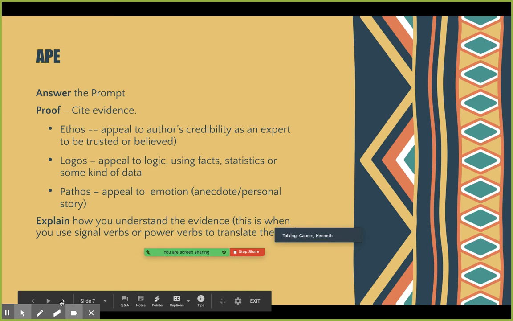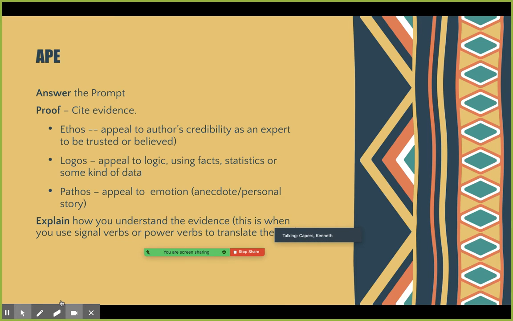So when you cite evidence, you might want to tell me some of your, and for this, I don't think you're going to really be dealing with the author's credibility unless in the article they tell you, or maybe in the bio, they say something about expert degrees or whatever. Do they use logic, facts, and statistics? Or do they do an appeal to emotion?